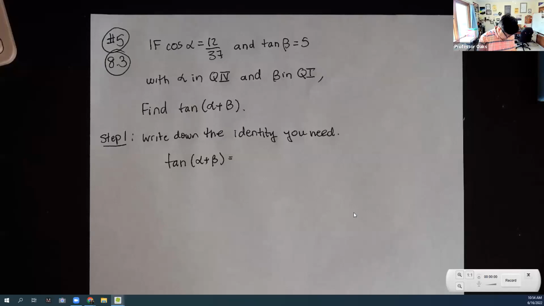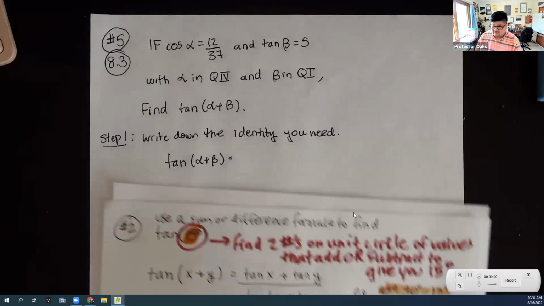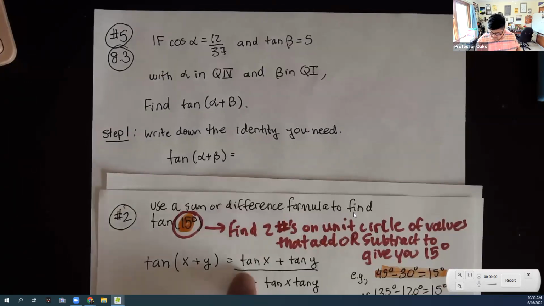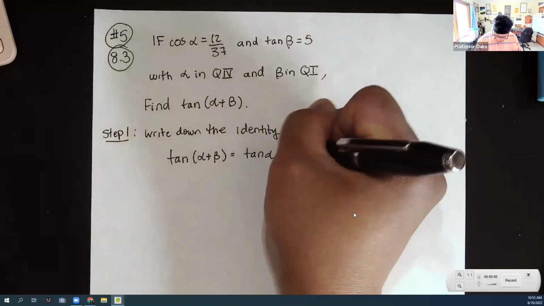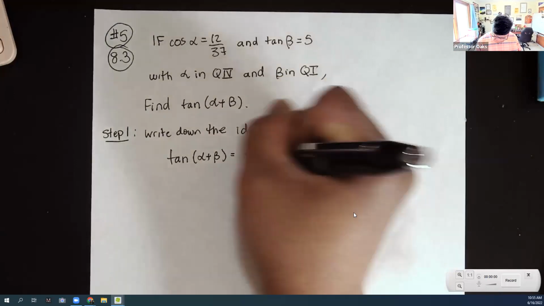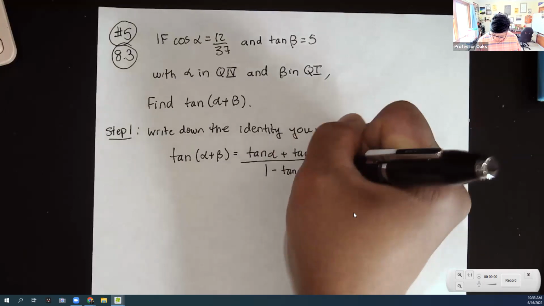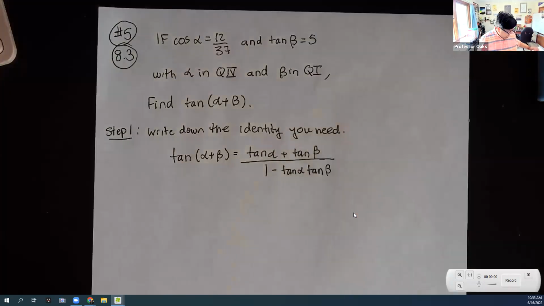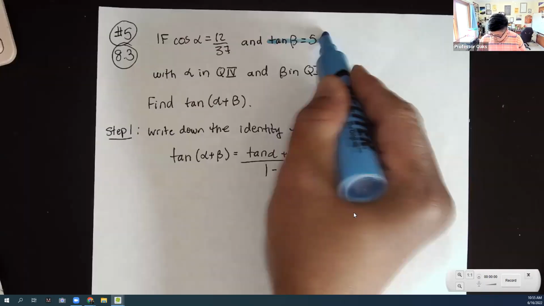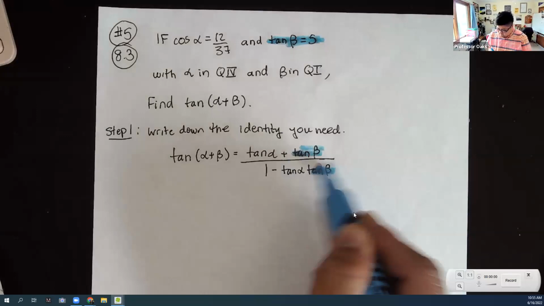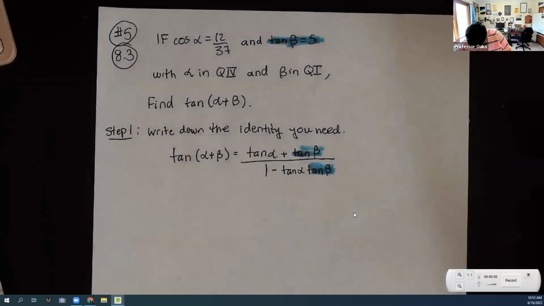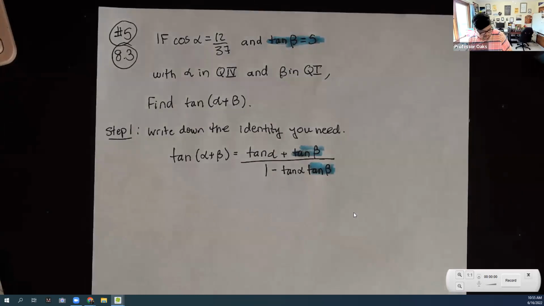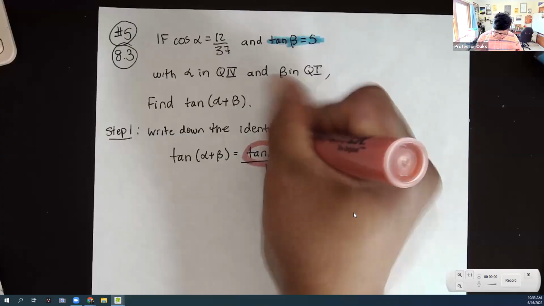And the good news again is that it doesn't matter if it's x and y or alpha plus beta: tangent of alpha plus tangent of beta over 1 minus tangent of alpha tangent of beta. The good news is that they told you tangent of beta, so you only need to find tangent of alpha. You only need one triangle to solve this problem rather than two of them.